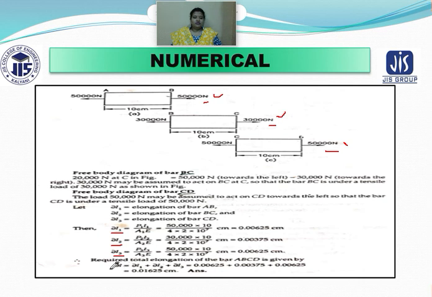So what is the total elongation in length? That is del L1 plus del L2 plus del L3. That gives the summation, and you have finally got the result as 0.01625 centimeter. So this is the simplest numerical that you can go through to calculate the elongation of the bar.